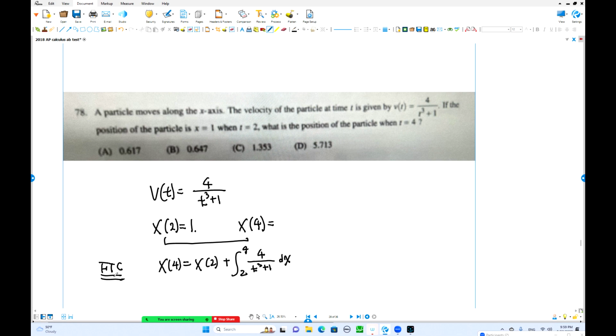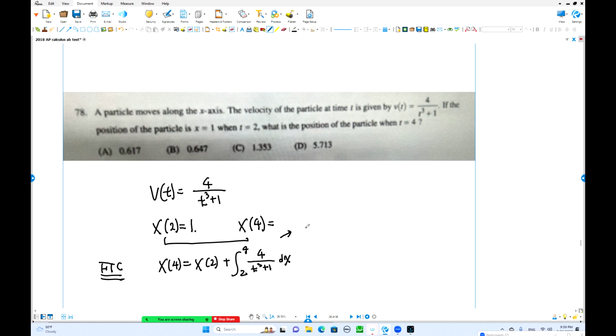Now this one we have to use our calculator, or else we have to use substitution. No, not substitution. This one is actually a partial fraction, okay, it's hard.